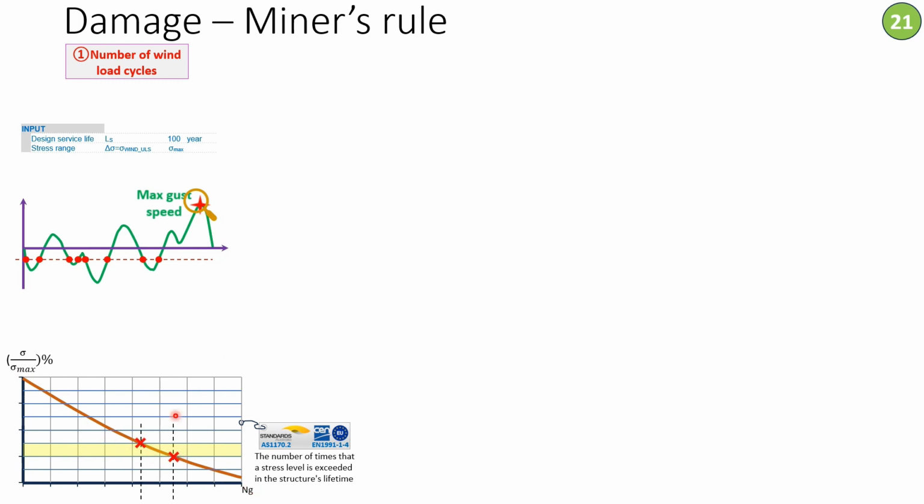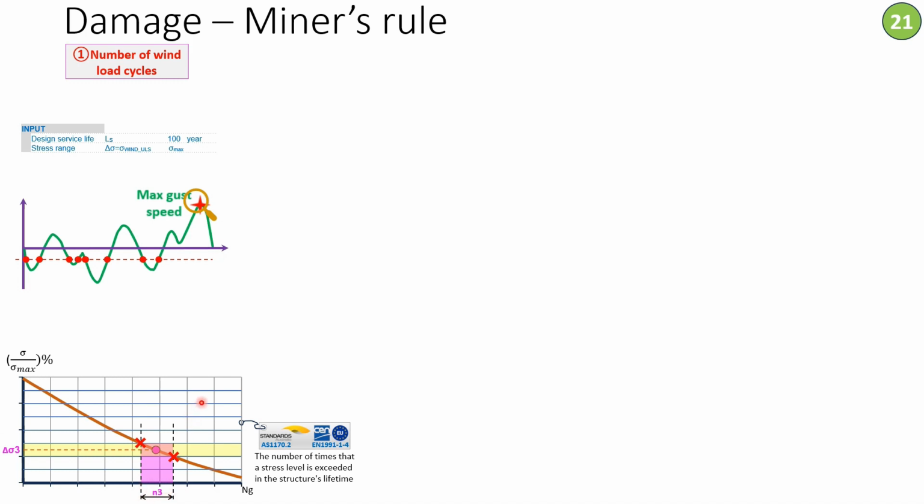Between those two points is the number of cycles of that particular stress increment, meaning that the structure will be subjected to this stress increment for a number of cycles equal to small n3.